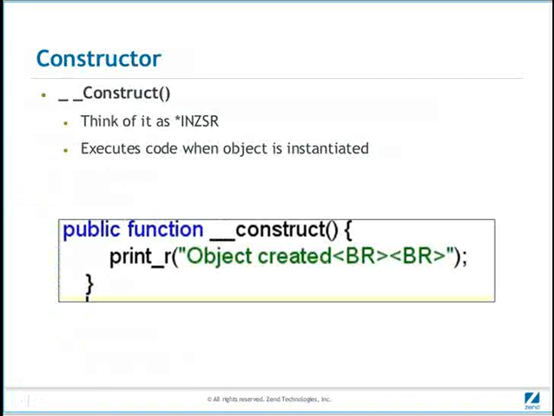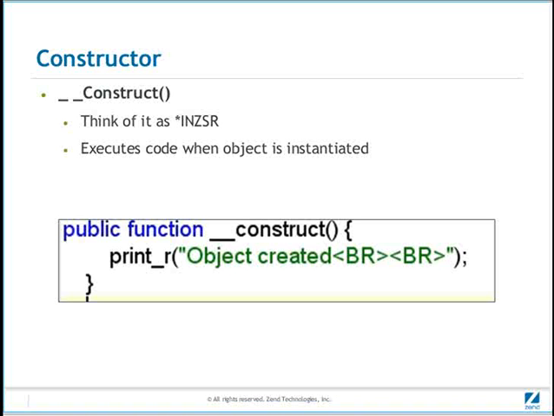Now the constructor, right? The constructor magic method. Think of it as the *inzsr for your object, right? Basically, with the constructor, when your object is instantiated, in other words, you've got a class definition out there, and I'm about to do the $myObject equals new customer, something along those lines.